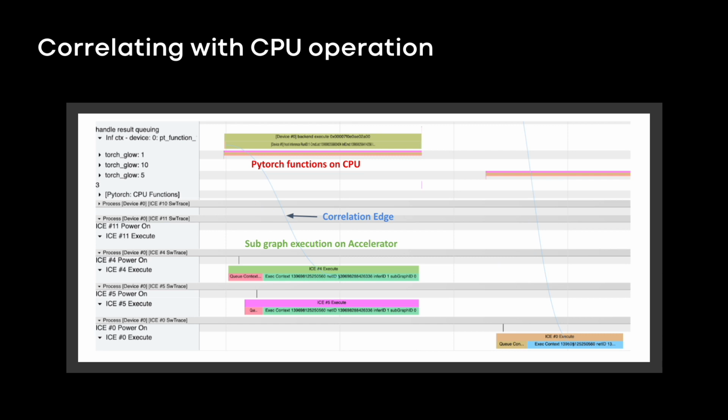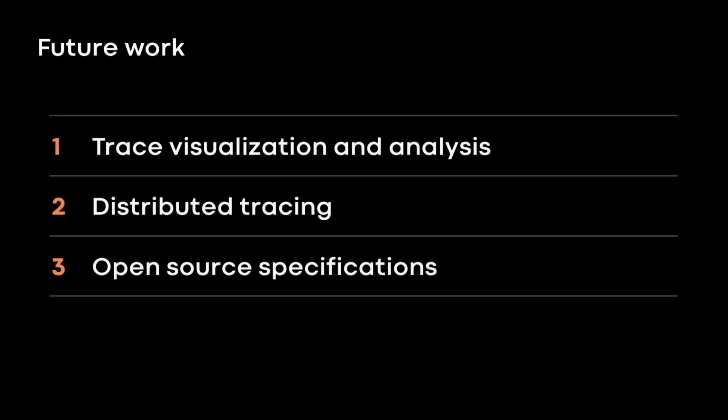So if you have an AI graph running half on CPU, then a bit on the accelerator and then back on the CPU, you can track the whole flow. You can figure out where there are bottlenecks or which ways you can optimize this system end to end.